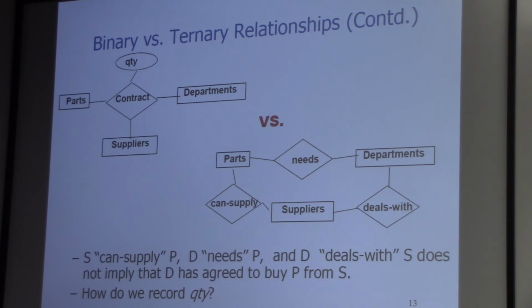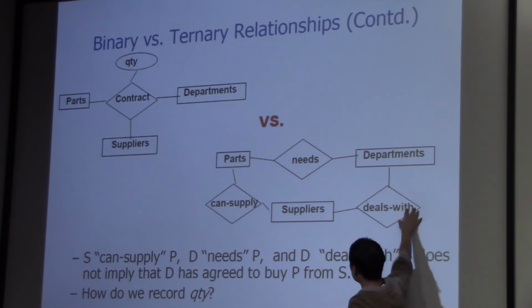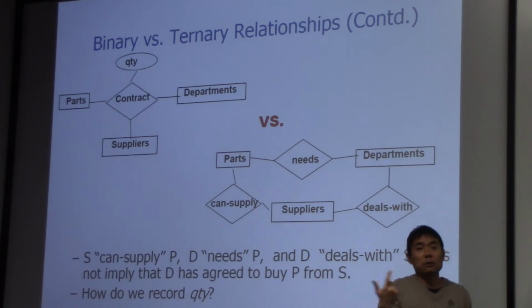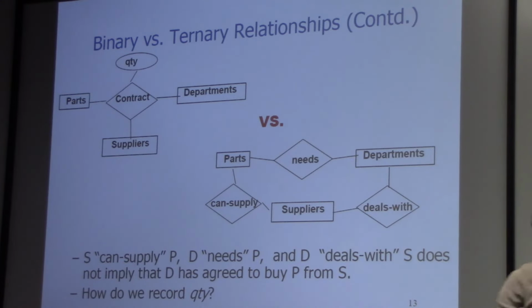I'm going to give you yet another example from the other side, which is there are cases where you have to use a ternary relationship set, or even more than 3 in some cases, where you cannot use two binary relationship sets to represent a single ternary relationship set. And here is an example of that. So let's say I have this particular setup. Okay, it's a manufacturing database.